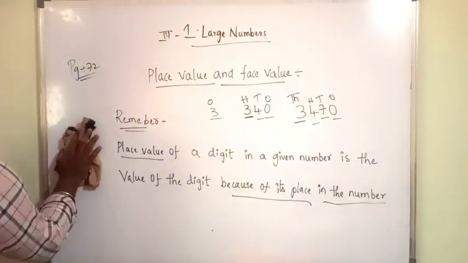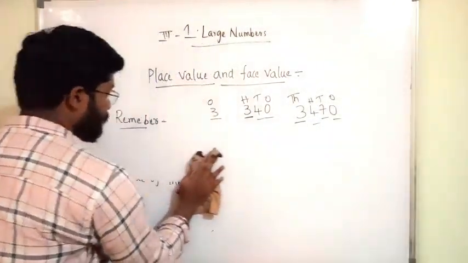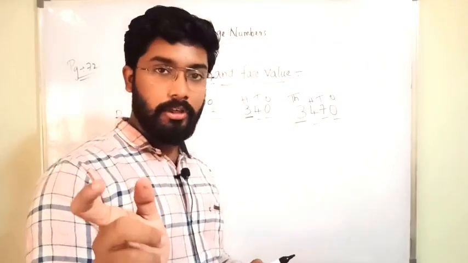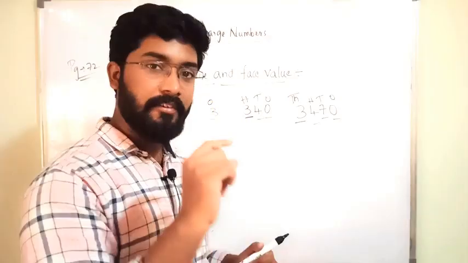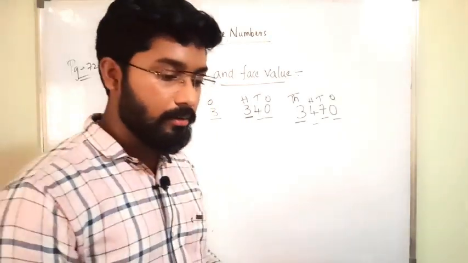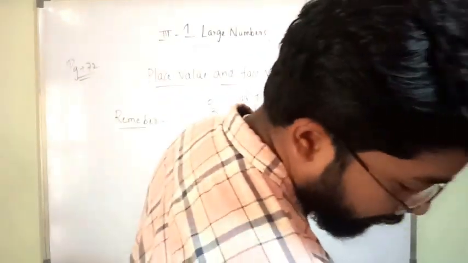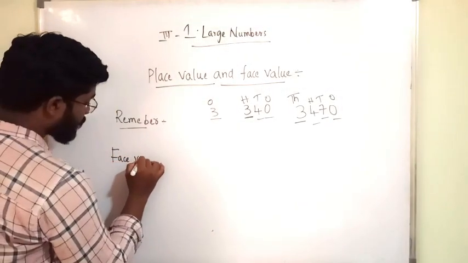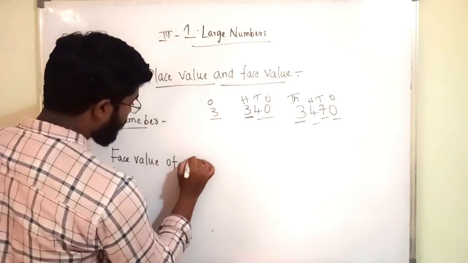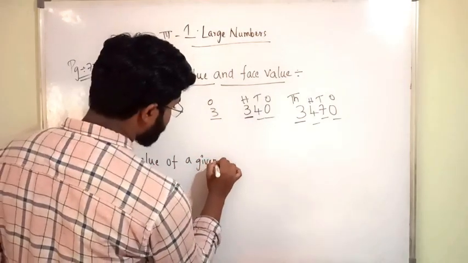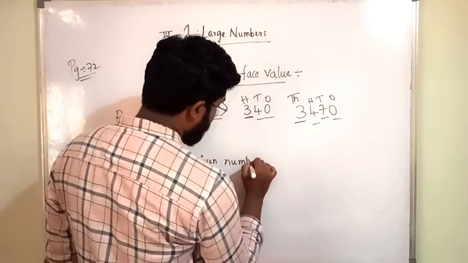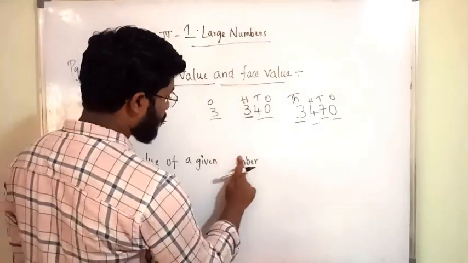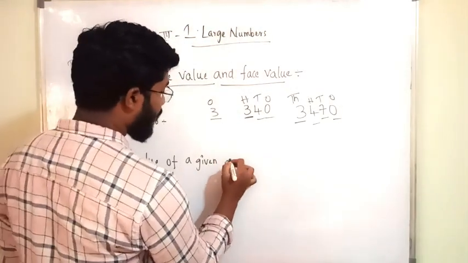Okay, so next one is that name place value means according to the place, the value of the digit will be changing. That's what you have to remember. So next one is face value of a given digit or any digit.